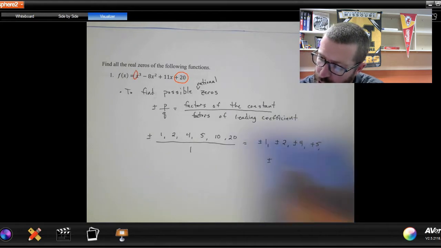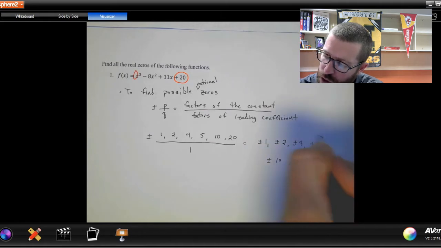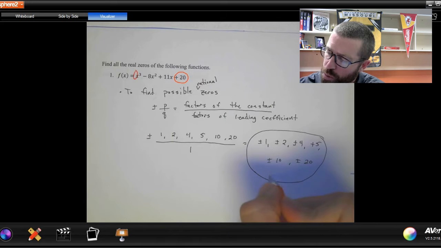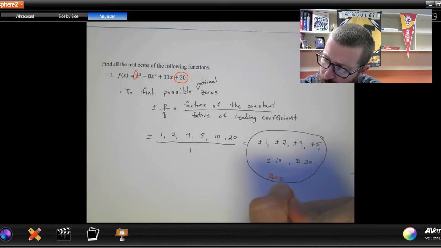We'll go to the next line. Plus or minus 10 and plus or minus 20. So all of these are your possible zeros or possible rational roots or rational zeros.